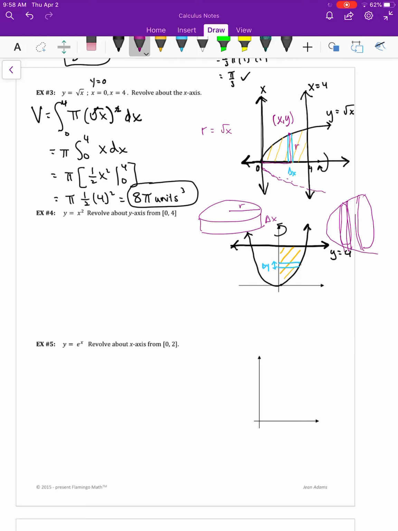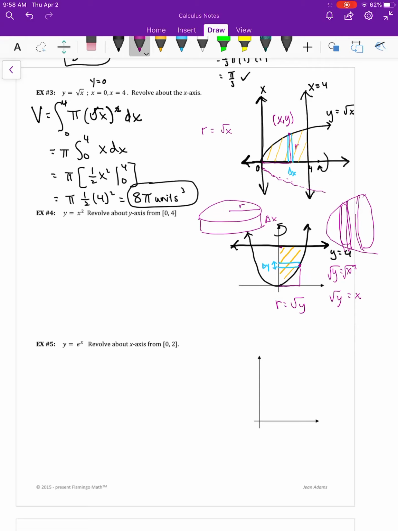If I picked a point on my function, this would be the x of my point. Imagine going x, y, right? So this is the x of your point. So your y equals x squared, we want to solve for x. So your radius is the square root of y.